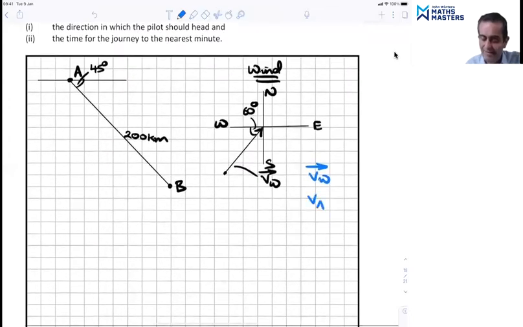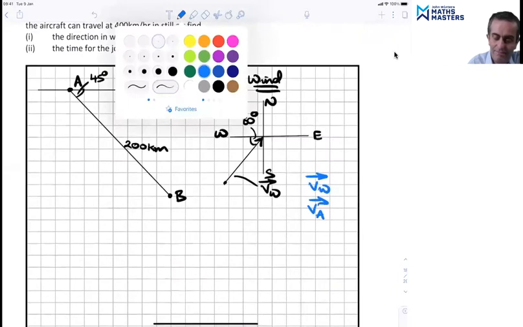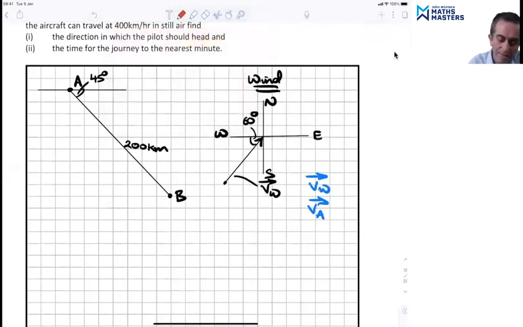VA is the actual velocity of the aircraft. Remember, we want the aircraft to go from airport A to airport B, so VA is going to point along that line, and let's draw that in red. So VA, the actual velocity of the aircraft, is going to point down like this. That's what we want the aircraft to actually do, to go from A to B.